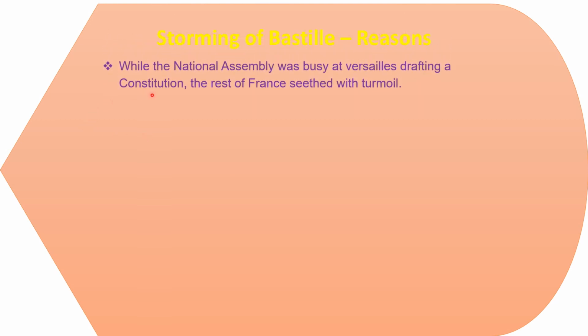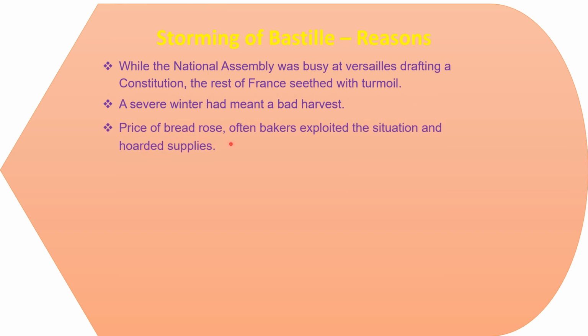Storming of the Bastille, which you can see here. What were the reasons? While the National Assembly was busy at Versailles drafting a constitution, the rest of France was in turmoil. A severe winter had meant a bad harvest. The price of bread rose.